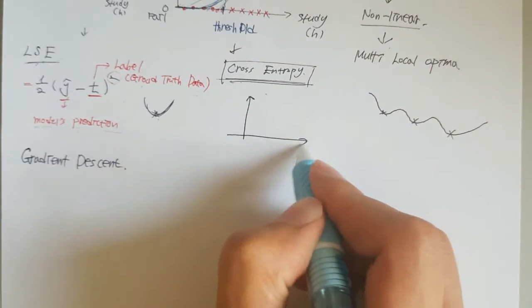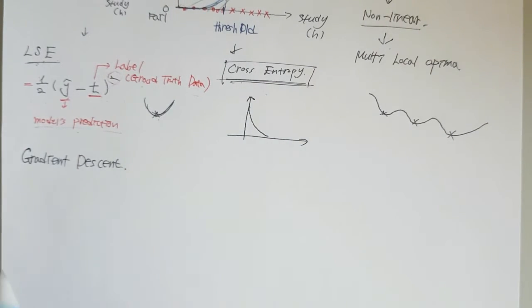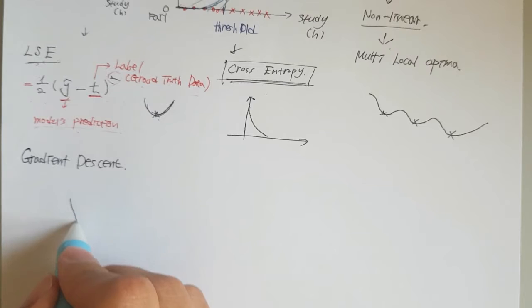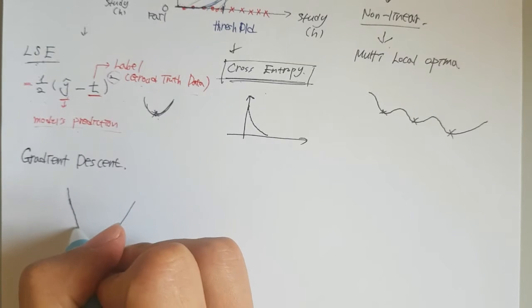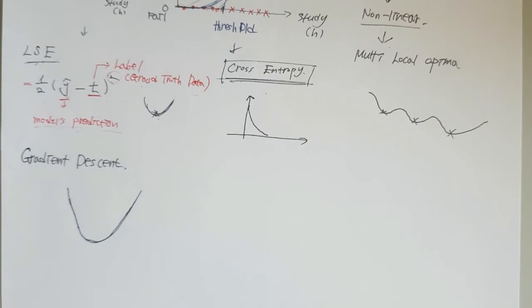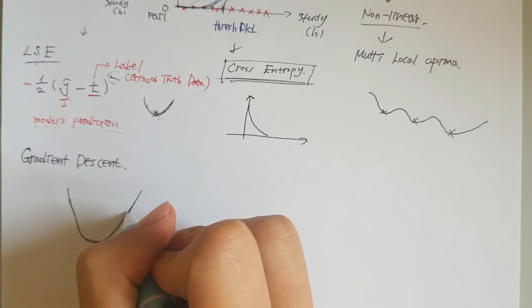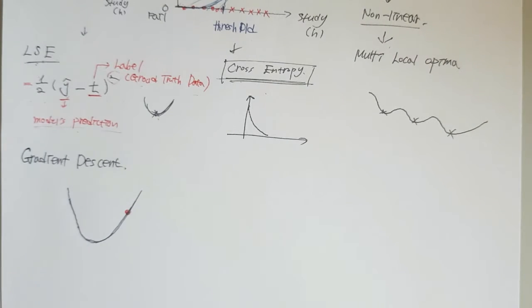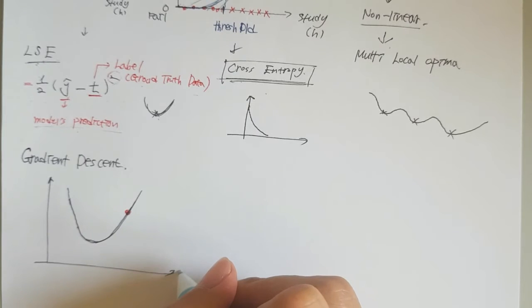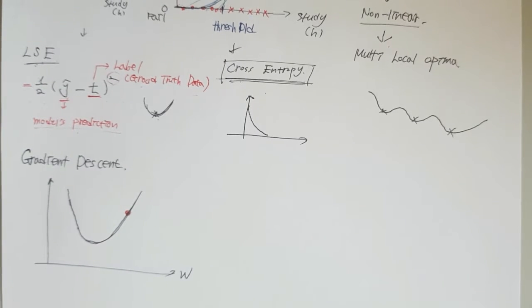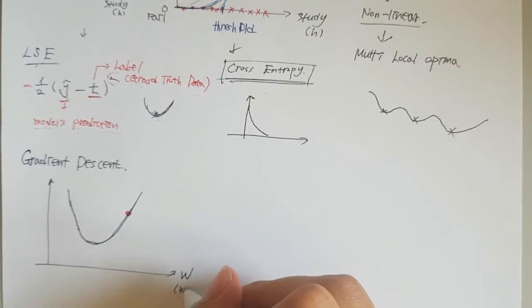The cross entropy function will also look like this shape. So I will just draw this quadratic function. Then let's say we are here, and because this is a function, I have to draw the axis, and it will be w, or weight, or parameters.